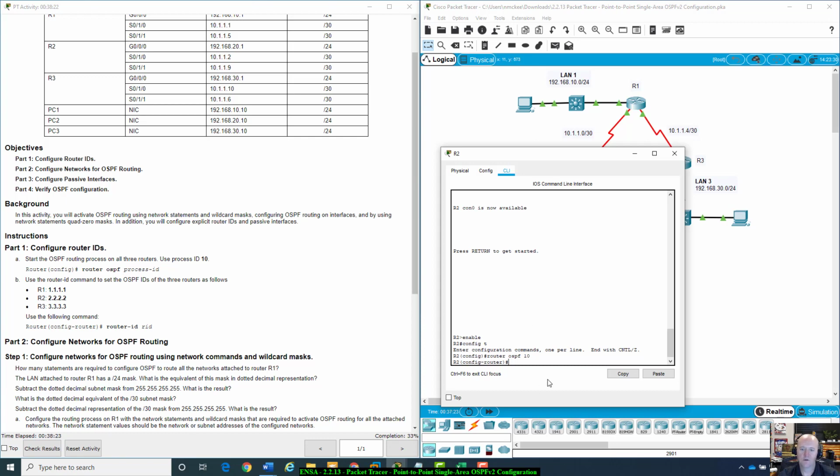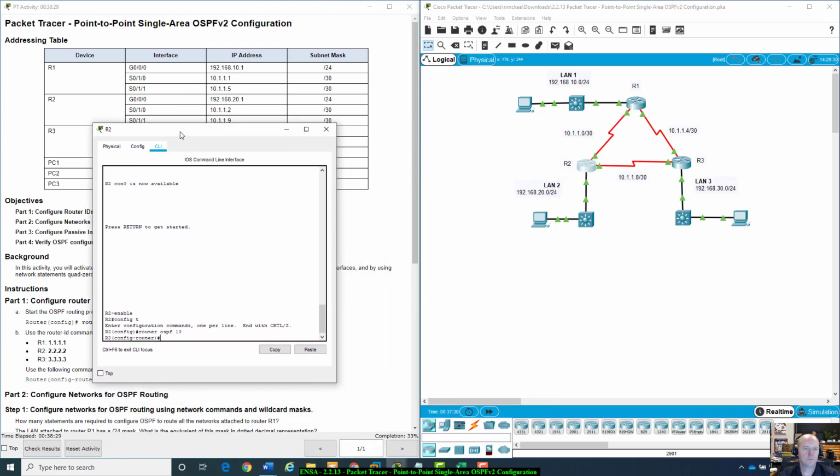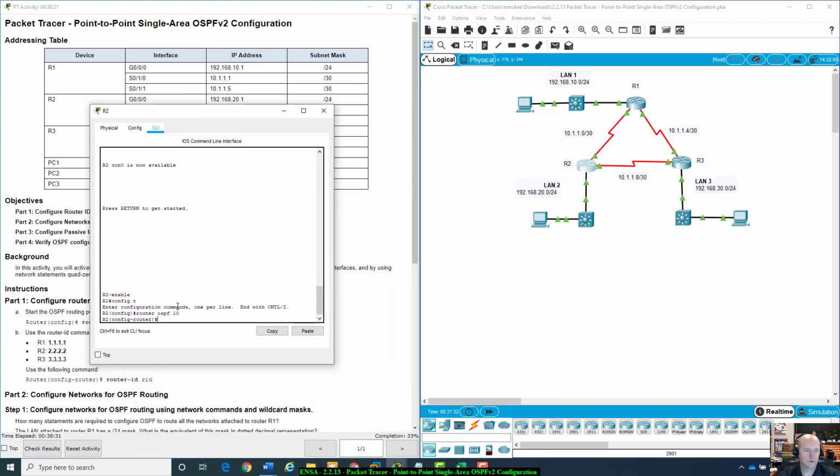If I went without it, I don't think I'll take out that process ID, but I want to be sure. All right, so let's start with the gigabit. Network 192.168.20.1. All right, inverse, so 0.0.0.255. Area 0.